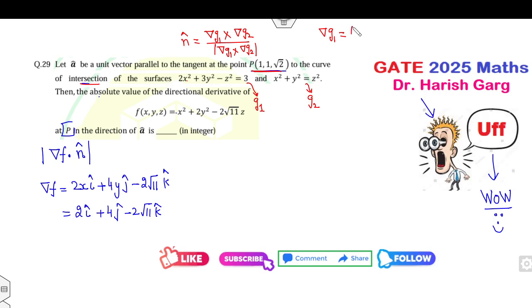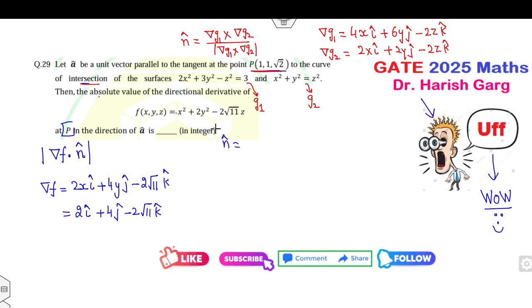The del of G1 is 4x i cap, 6y j cap, minus 2z k cap. The gradient of G2 is 2x i cap, 2y j cap, minus 2z k cap. So can you find the n cap?